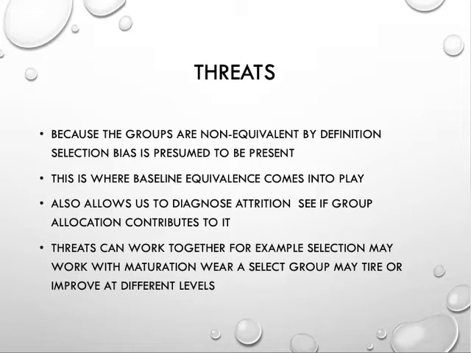It also allows us to diagnose attrition and see if group allocation contributes to it. Threats can work together. For example, selection may work with maturation, where a select group may tire or improve at different levels.